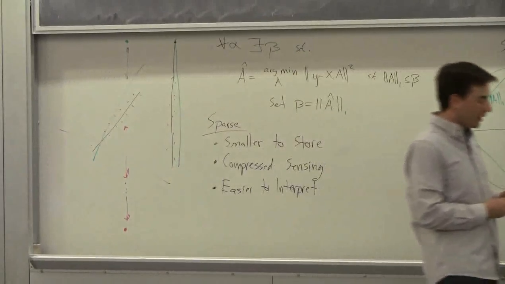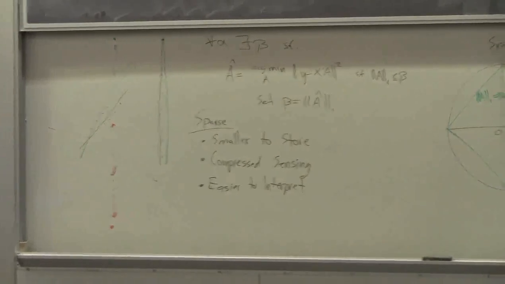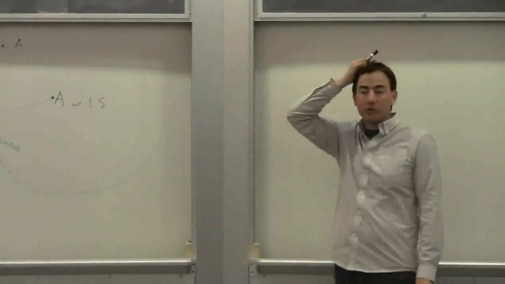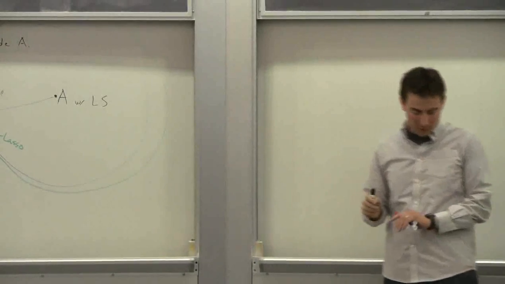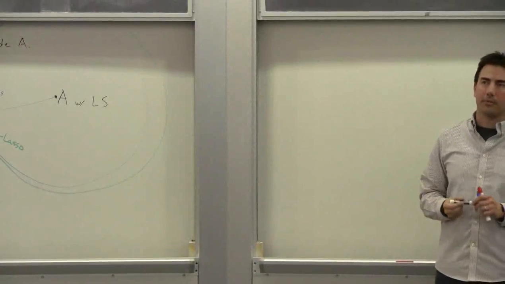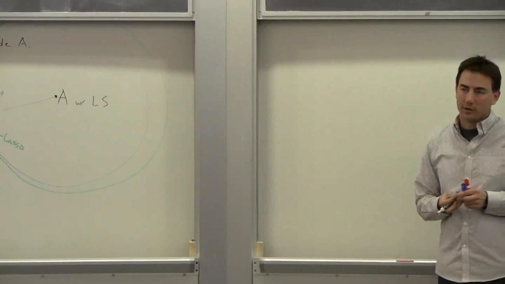Okay, so I talked last week Wednesday about a procedure I told you was not completely optimal, not usually the best way to do things. This was called orthogonal matching pursuit.